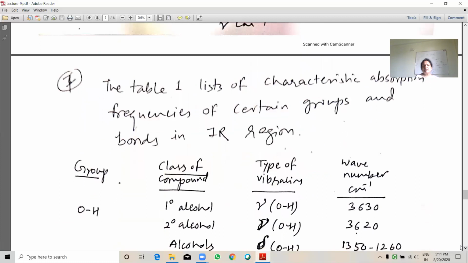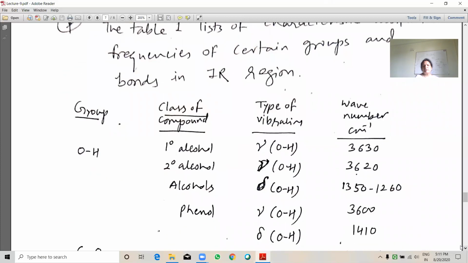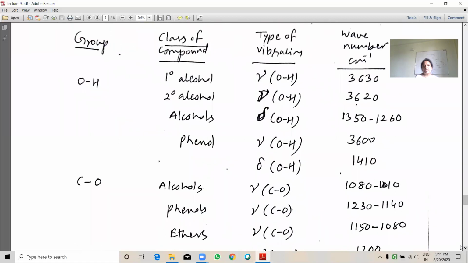This is the table list of certain frequencies. See here, the hydroxy group, primary alcohol, secondary alcohol, and this is the bending. This is the stretching. So 3630, 3620 are the primary and secondary alcohol. So secondary has a slightly lower frequency. When we compare the molecules, you have to keep in mind that secondary alcohol has a slightly lower frequency compared to primary.